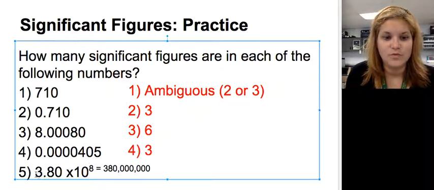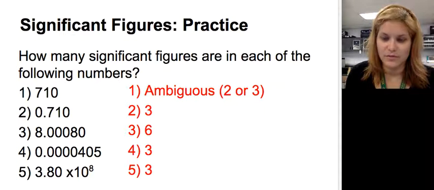And so we're just going to count the numbers in this number here. We don't worry about any of this. So we've got the 3 and the 8, and then since this 0 comes after a non-zero number and at the end of the number, we know that that is significant. So that one's 3.